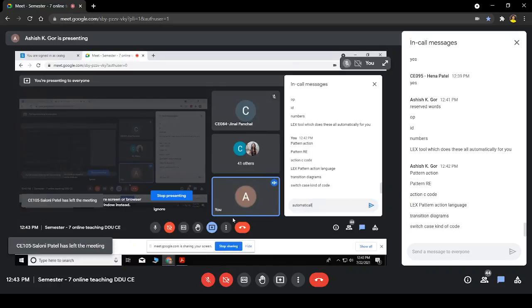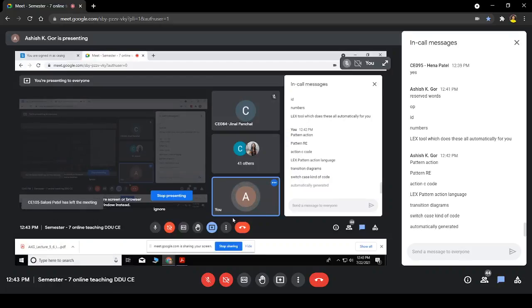So this entire burden is not on your heads, but on the tool, that is Lex. Am I saying correct or not? Your job is just to specify patterns and corresponding actions. Conversion to transition diagrams, and conversion of the diagram to that switch case code, is done automatically. Correct or not?